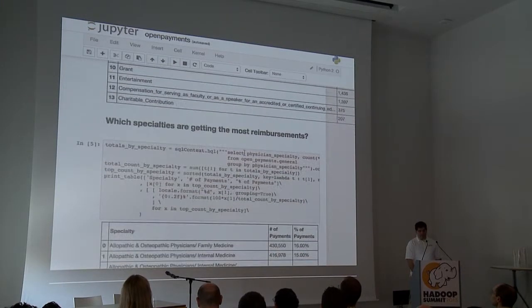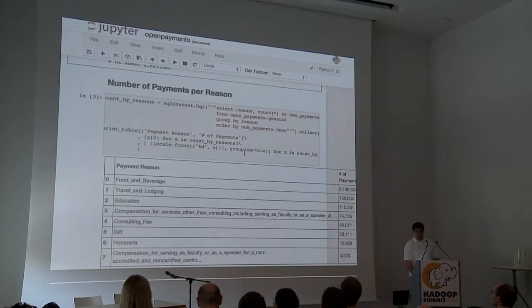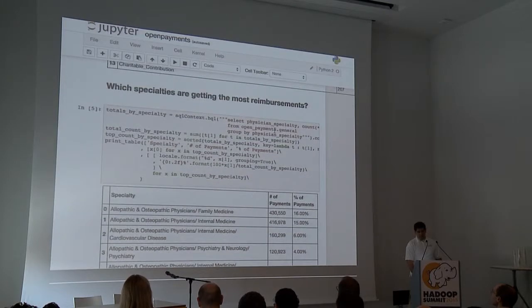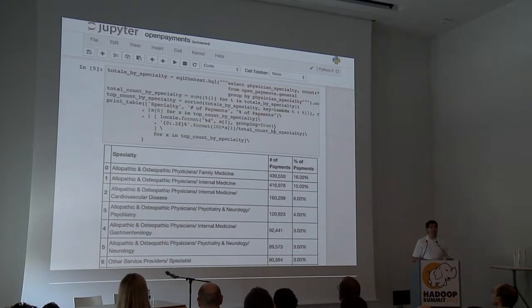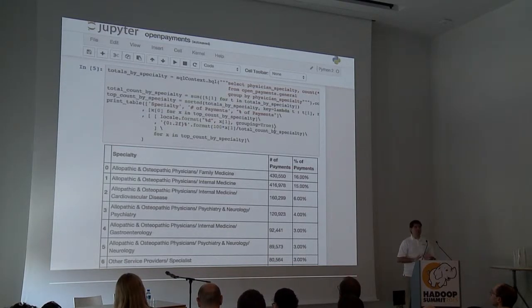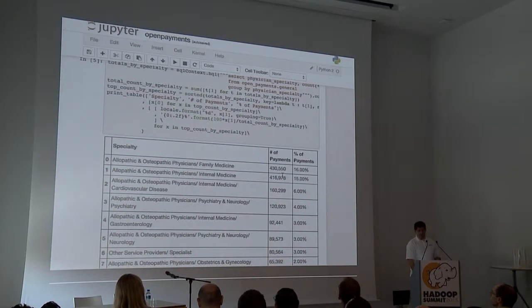And you'll see it was a simple SQL statement. Next, we want to total by specialty. I'm being very specialty focused, so I want to see the breakdown by specialty. How many payments, and what's the percentage of the total payments? And I'll do the same thing.